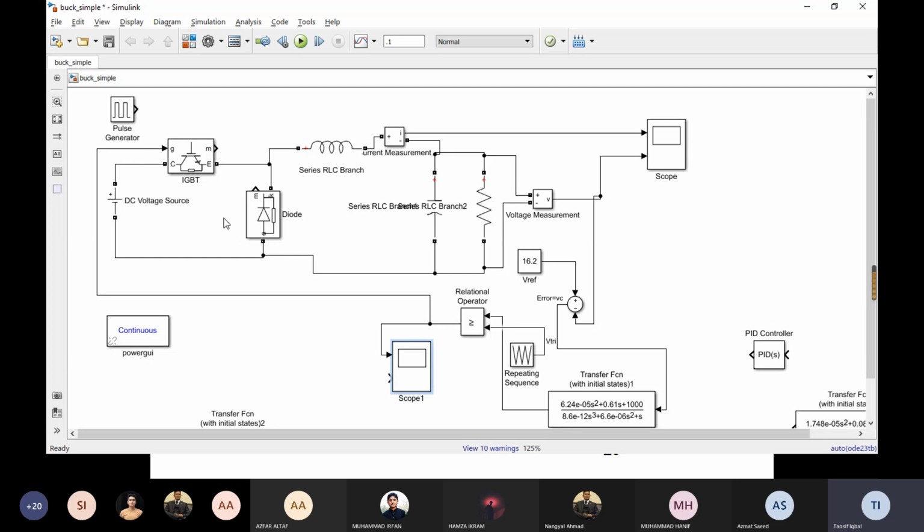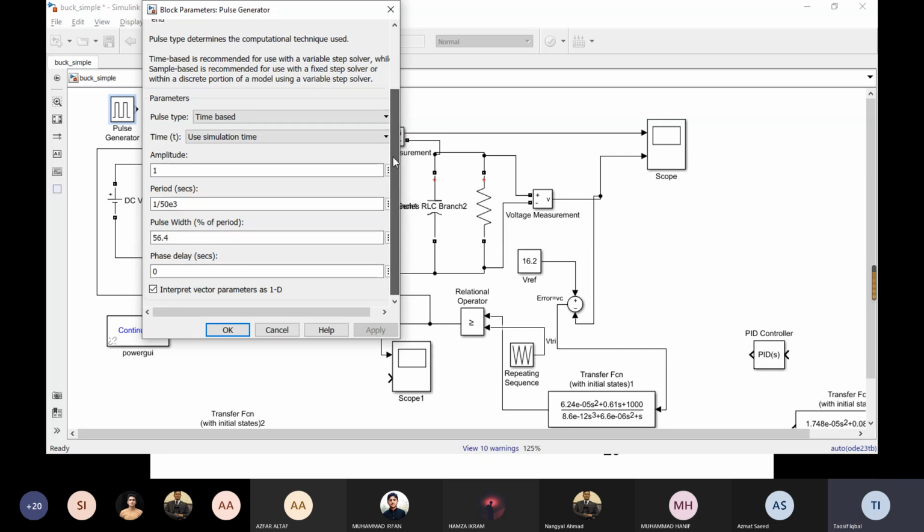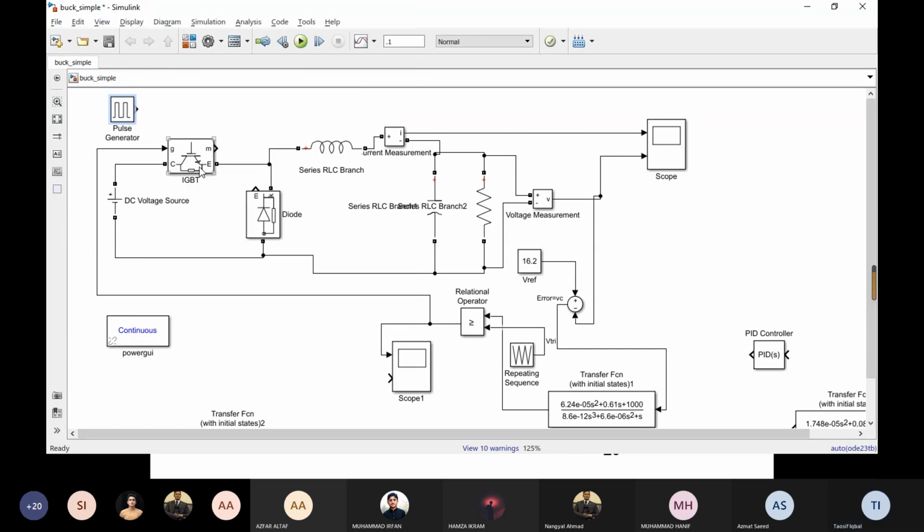Okay. So when we run it in open loop, we need a pulse generator, and this pulse generator has a fixed period. So we provide the period, the pulse width, and its amplitude to the gate terminal, and then the IGBT starts working.